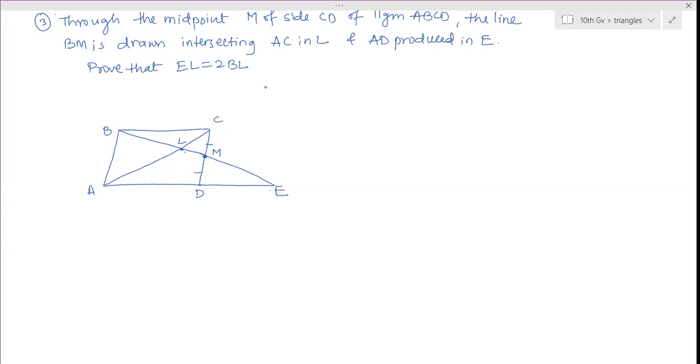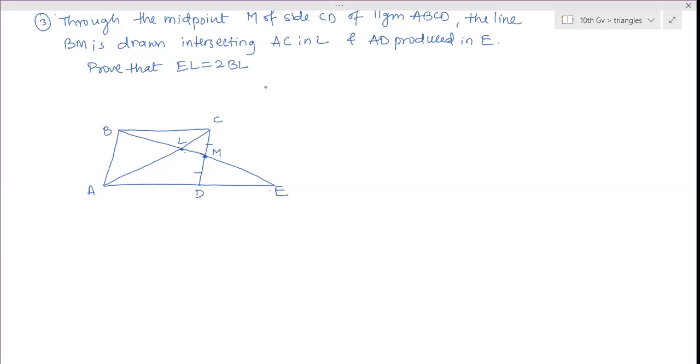EL and BL. BL is not part of that triangle. BL is a part of BLC triangle and EL is part of ALE triangle. BLC and ALE we have to prove similar. Then only we can take the ratio of EL by BL. That we can prove 2:1. So how to prove that?